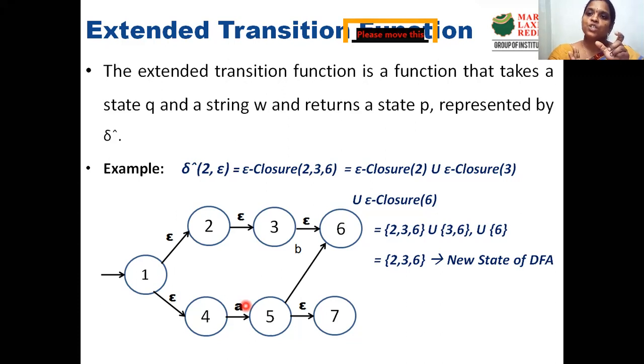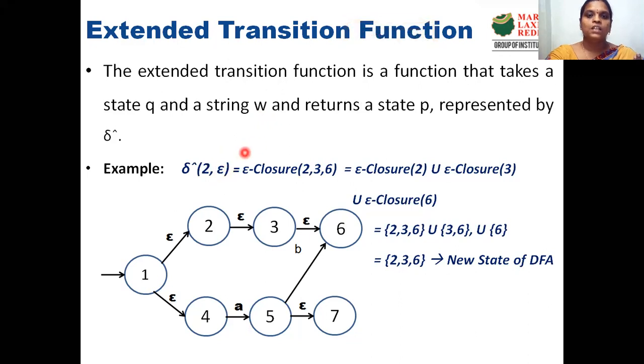That means if you have a set of symbols, we can perform the transition on that whole set of symbols, whereas the normal transition function used in a DFA or NFA applies only to a single input symbol. Here a string may represent a single character or multiple characters, that is, a single element in the input alphabet or multiple elements, or sometimes it may also be epsilon, which is treated as null.